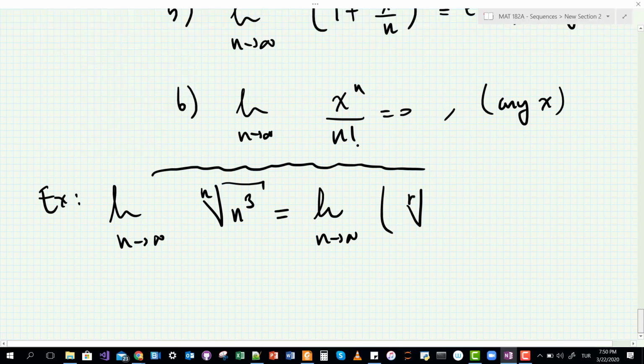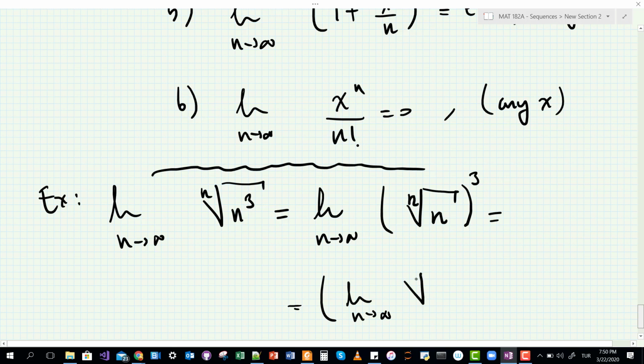This is still n, and I have n here, but I can move this three right on top of the whole expression. Now I'm ready to use one of the continuous function theorems together with the rule I gave you. So I can switch the limit with the function.